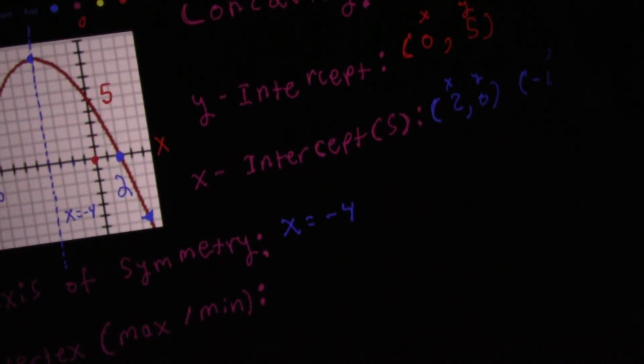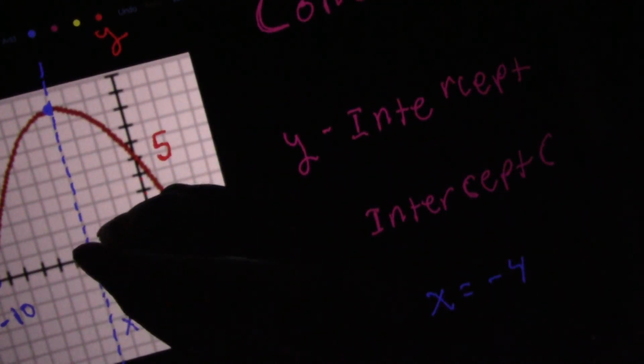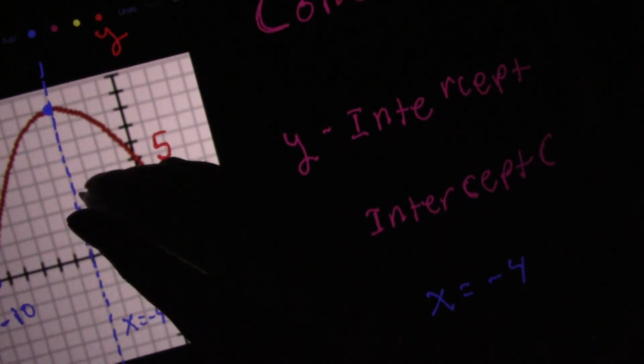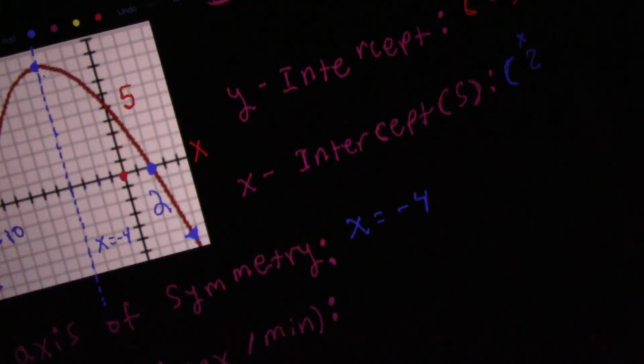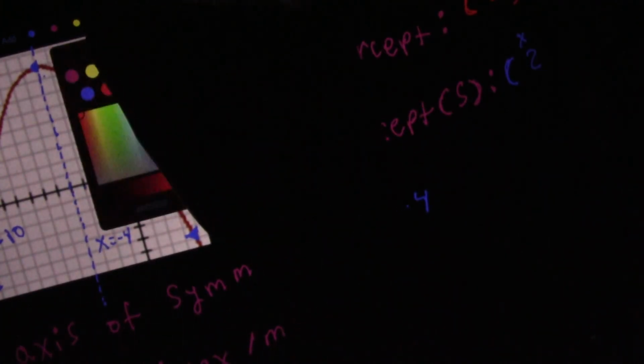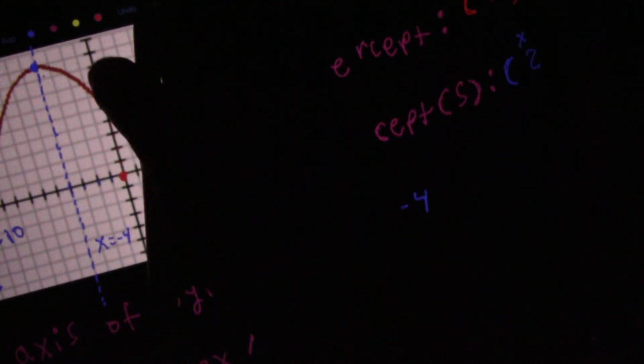And then our vertex is going to be this one, at -4, and now we have to count up. 1, 2, 3, 4, 5, 6, 7, 8, 9. So -4, 9.